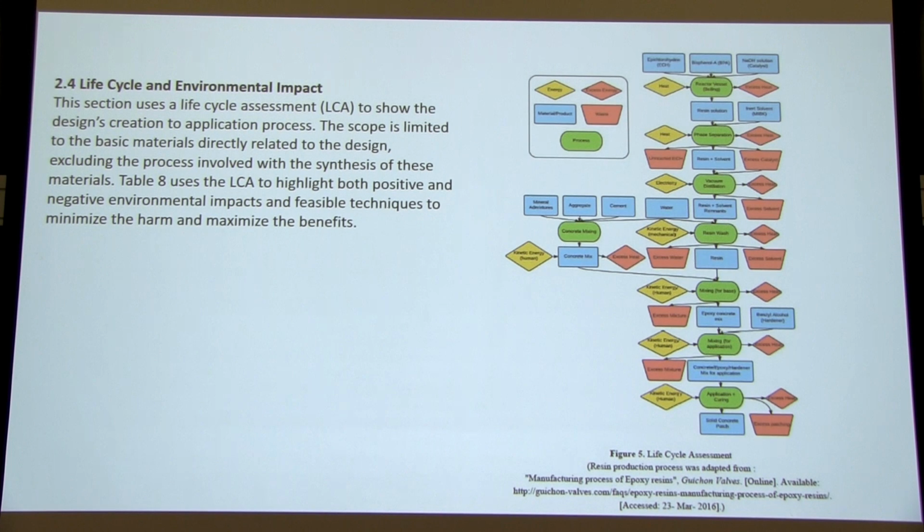This section is a life cycle assessment to show the design's creation to application process. The scope is limited to basic materials directly related to the design, excluding the processes involved with the synthesis of these materials. Table 8, which I'm going to show you in a minute, highlights the positive and negative environmental impacts and feasible techniques. So here you have the life cycle diagram, and in the introduction, they give the scope of the life cycle analysis.